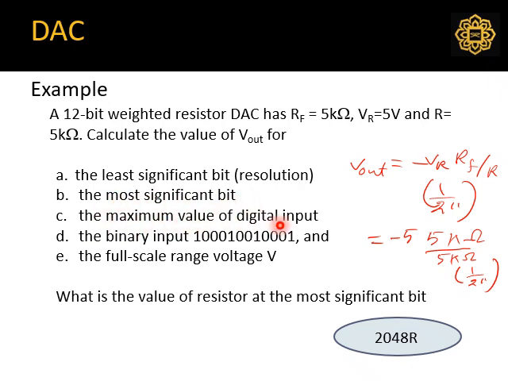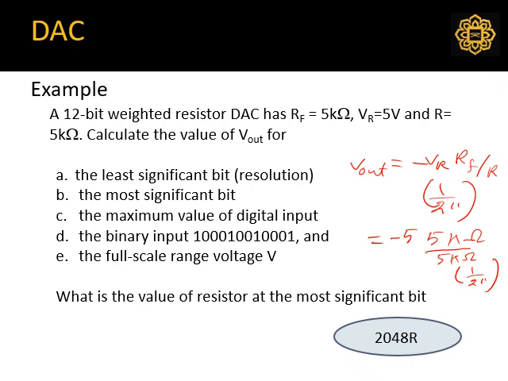What is the maximum value, meaning all bits are 1? What is the value for a particular input, 1 0 0 0 1 0 0 1 0 0 0 1? And what is the full scale range? So the formula for Vout is 1 over 2 to the power 11 if only the least significant bit is turned on.